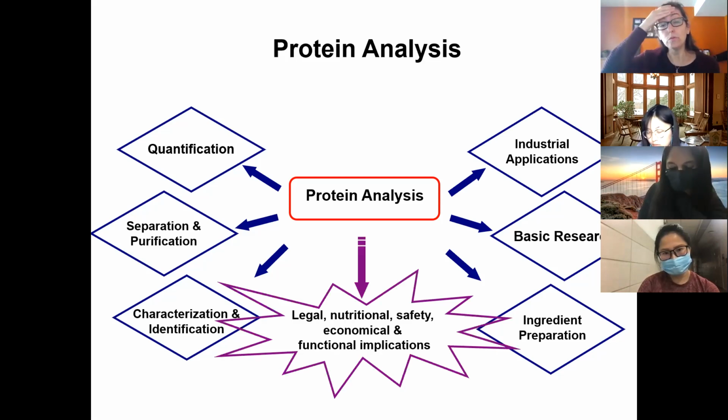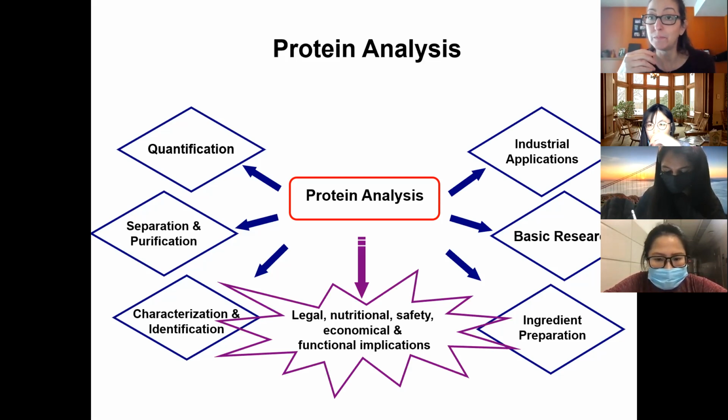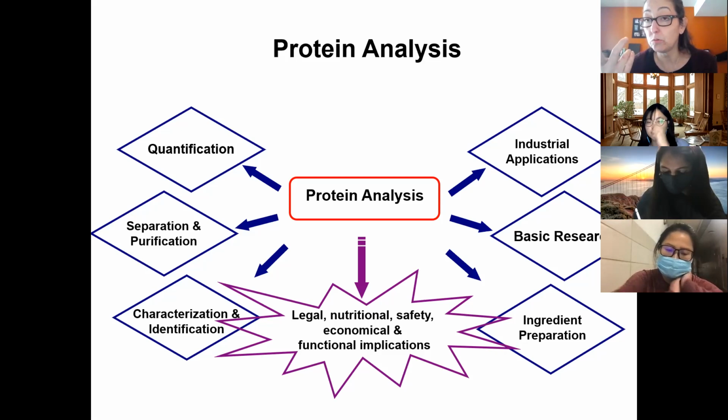Okay, so there are different methods and procedures that we use, and we're going to talk as much as we can on different methods and procedures. But these methods and procedures, especially if there's going to be food application at the end, have to be legal, contribute to nutritional quality, and safe.